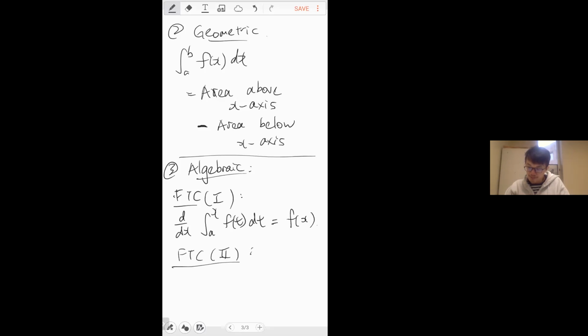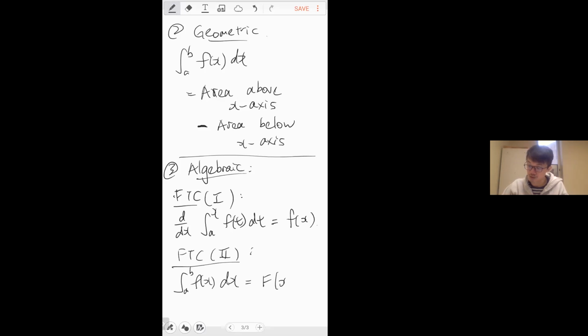And then the second part says that if I want to compute the definite integral of f of x from a to b, this would actually be the same as capital F of b minus capital F of a.